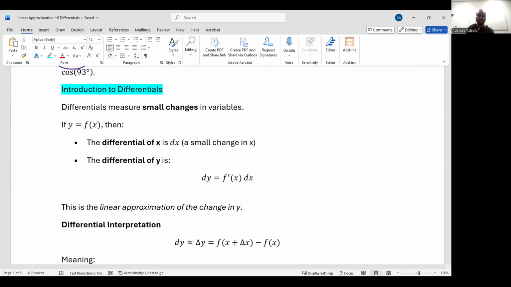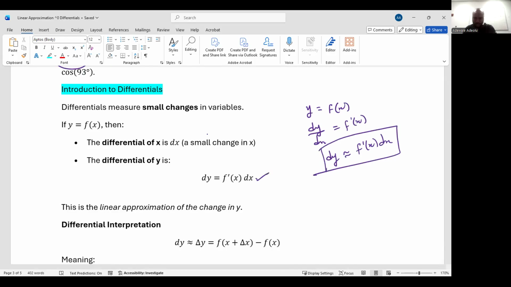So we want to study this idea using what we call differentials. Now, if y equals f of x, then dy/dx is f prime of x. Then I can write dy as f prime of x times dx.